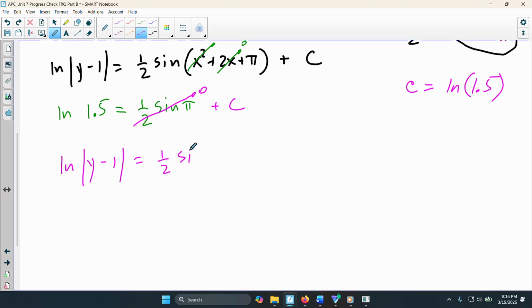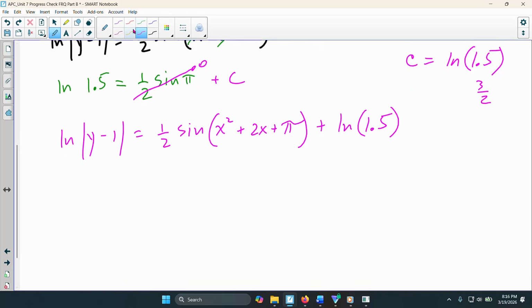So this is 1/2 sine of x squared plus 2x plus pi in parentheses plus ln of 1.5. I could write this as 3 halves, but I'm just going to keep it as 1.5.